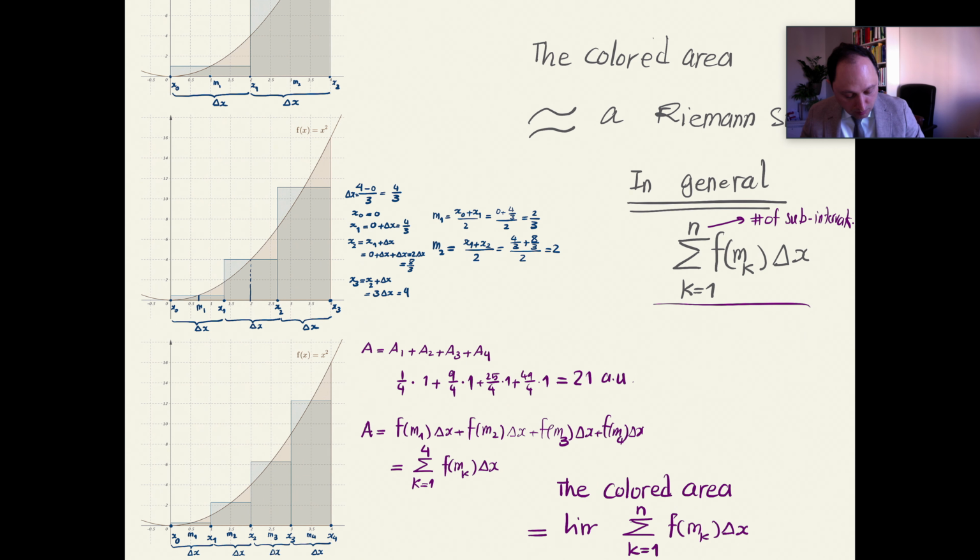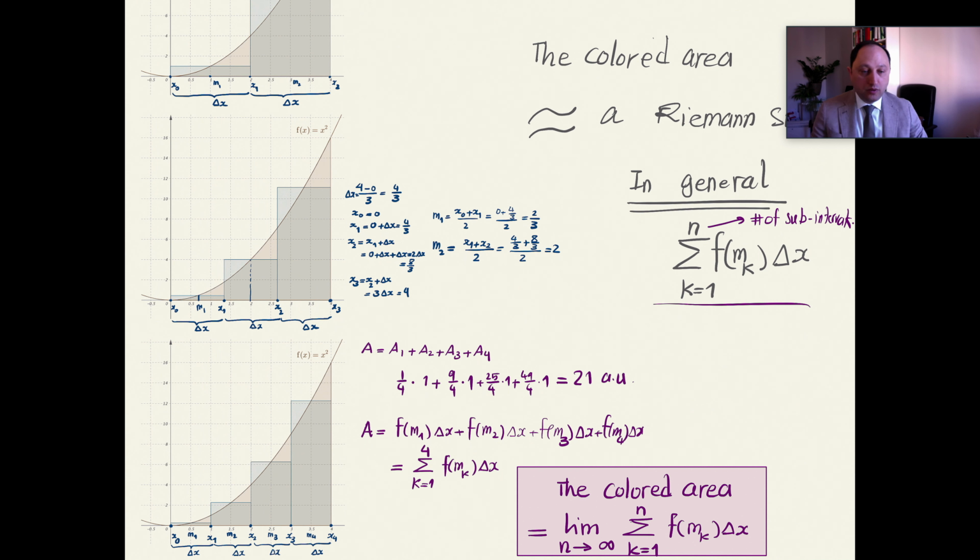They write limit when n goes to infinity. Okay, so that is my goal. I wanted to convince you, at least on paper, this makes sense. Now please tell me, do you think that this makes sense for you as well or not?